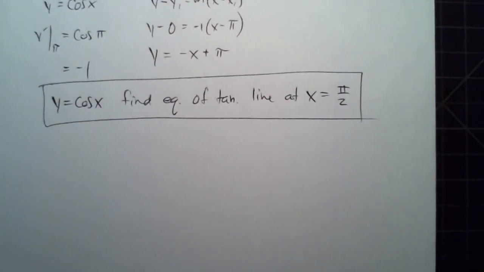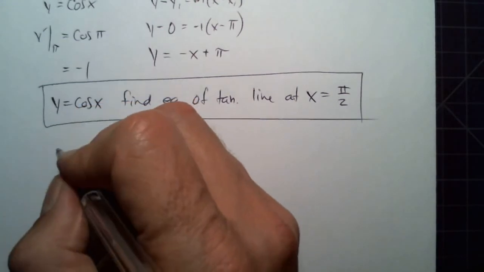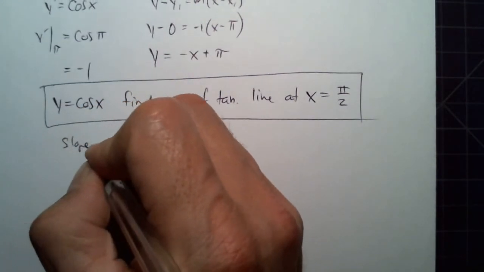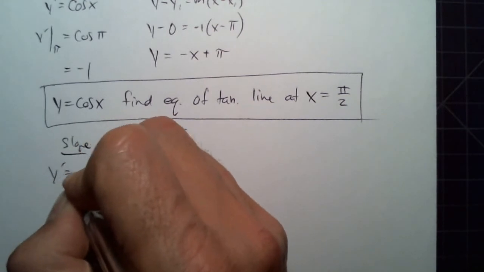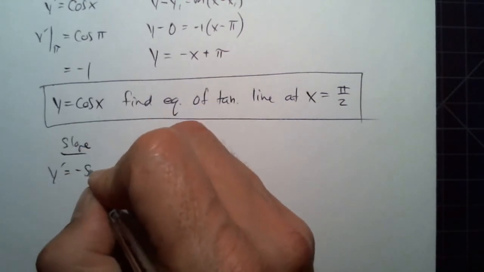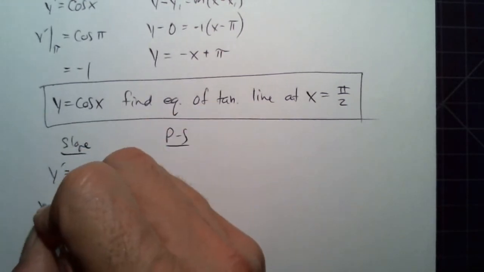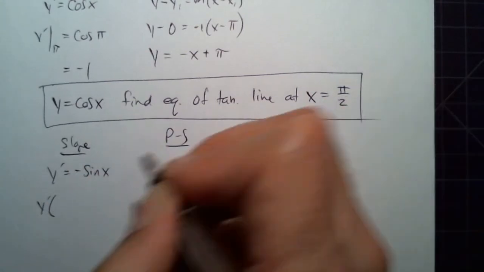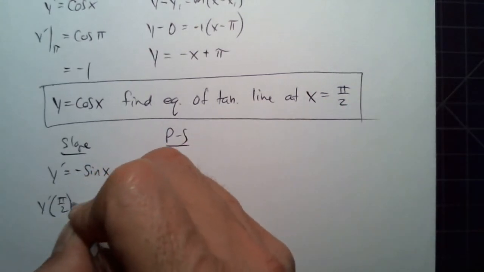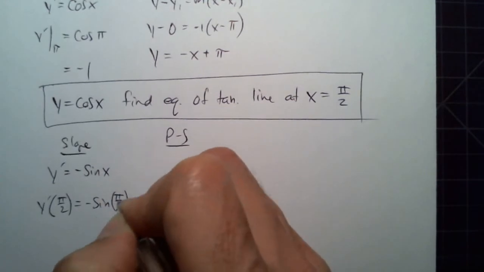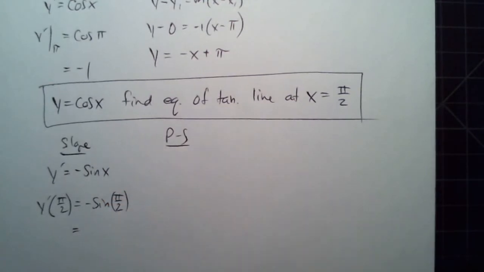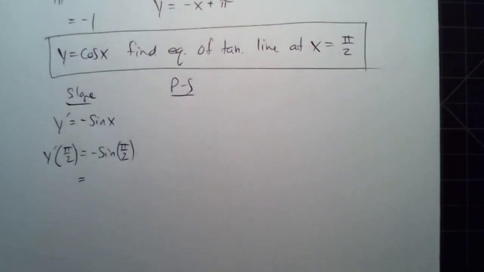Okay, pause the video and try that one. The derivative of cosine is negative sine. The derivative at pi over 2, sine of pi over 2 is 1, and then we have a -1.